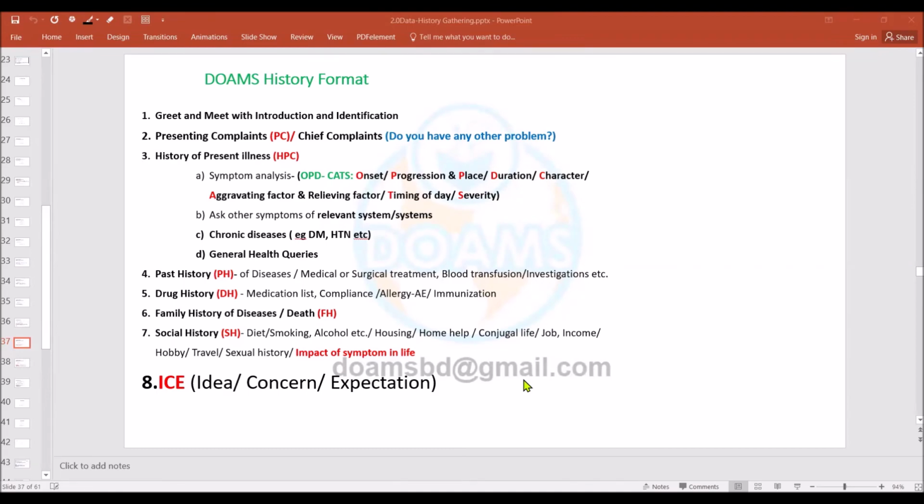So the patient says, doctor, give me very good treatment so that I can get rid of my problem. It is a very general expectation of the patient, but the patient may expect something different also. Don't think that the patient is always asking for treatment. I think those who are working in Middle East countries, whatever the problem, back pain or other, the patient suddenly says, doctor, can you give me sick leave?